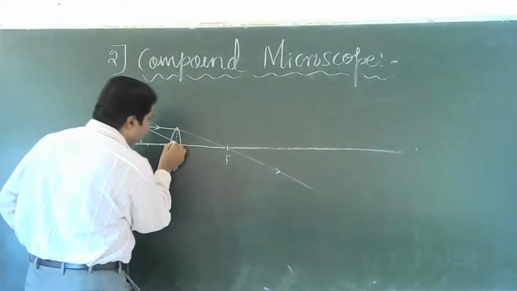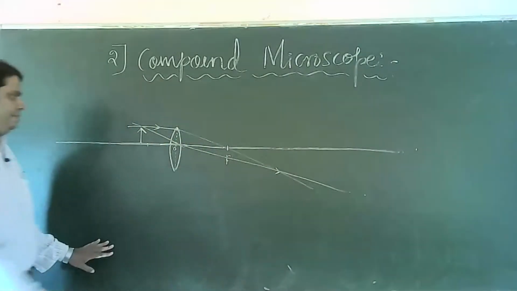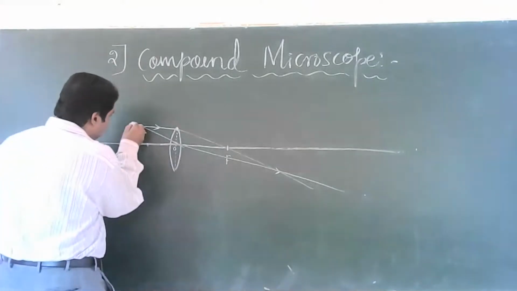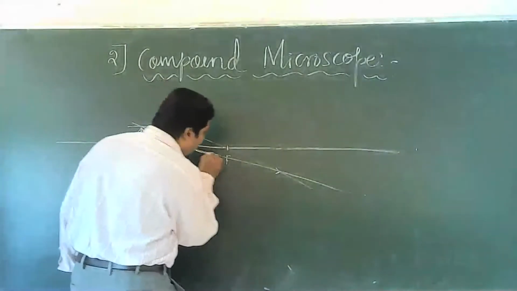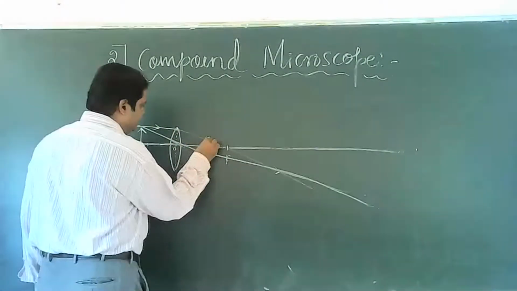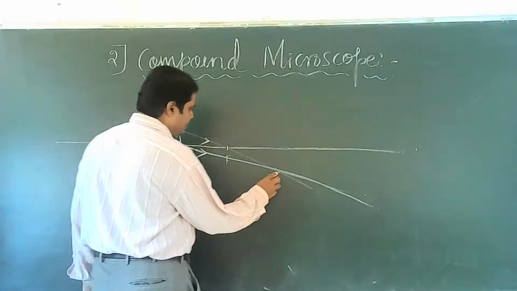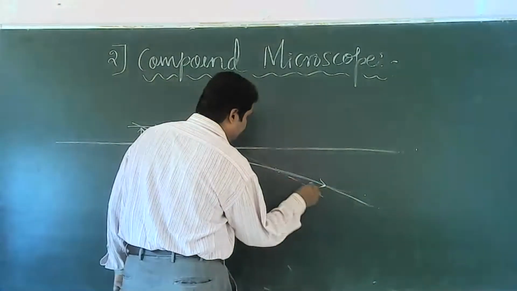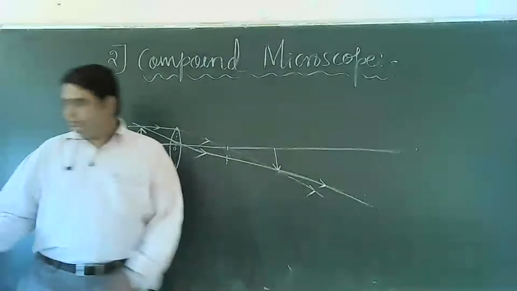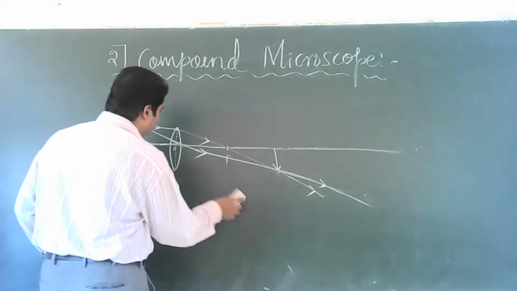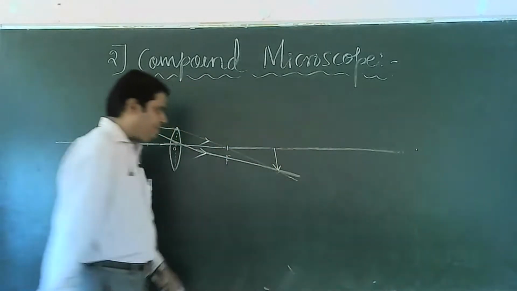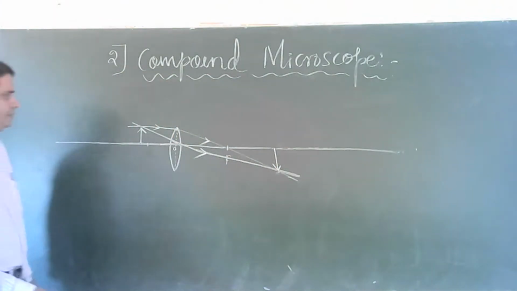A ray, okay, straight or not straight, correct? Once again, I forgot to bring the scale. Okay, this is the ray. Here we observe formation of image.